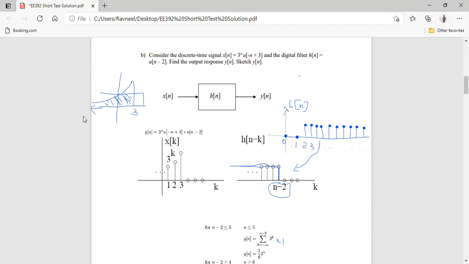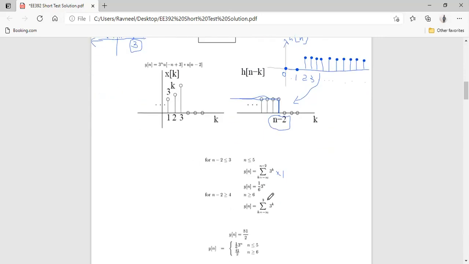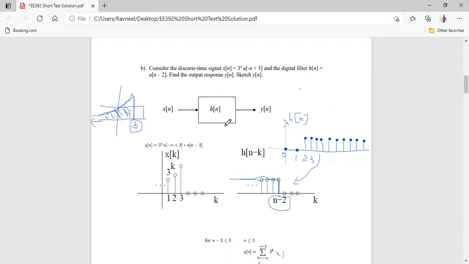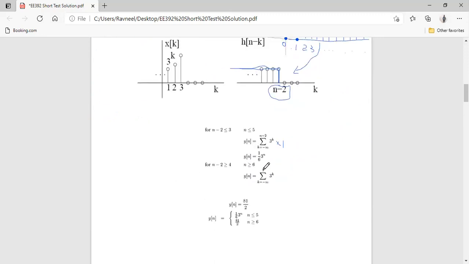The lower limit is negative infinity again, because both the graphs are extending towards negative infinity, but the upper limit is defined by x of k if we substitute it into the convolution formula. So our upper limit is 3. And again, it is basically the summation of 3 to the power of k. That's how we get the upper limit of 3 and the lower limit of negative infinity.